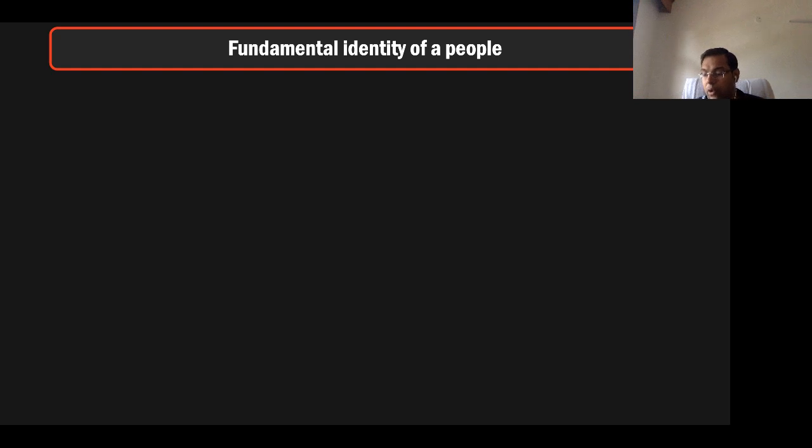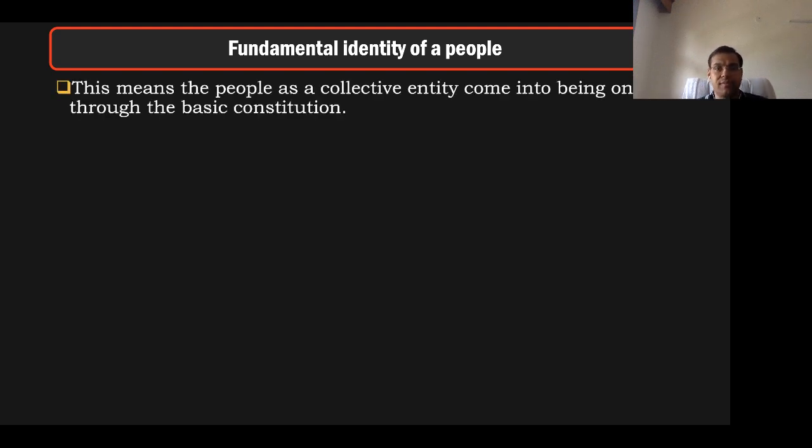So when we look at the fundamental identity of a people, how do we look at it? This means the people as a collective entity come into being only through the basic constitution. Absolutely true. So people as a collective entity come into existence only through the basic constitution.